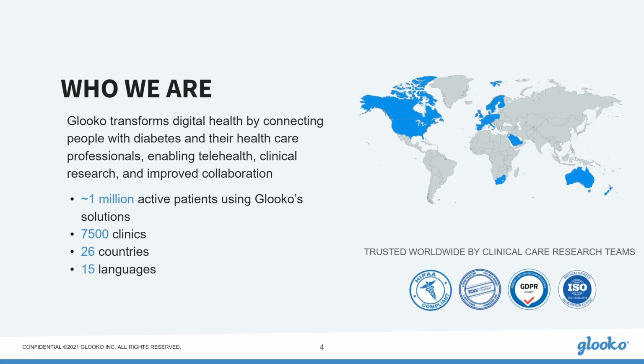We bring a multitude of different data sources together, enabling telehealth, enabling clinical research, and really improving collaboration between both clinicians and patients. You can see from the slide here that we have over 1 million active patients using Glooko's solutions, and that's actually in over 7,500 clinics. So we're doing some fantastic work, and the Glooko platform is really at the forefront of diabetes management.